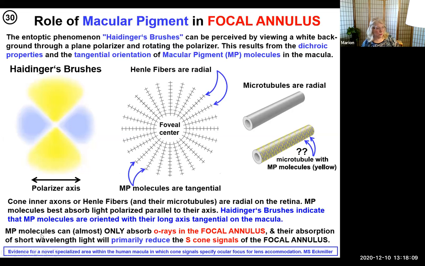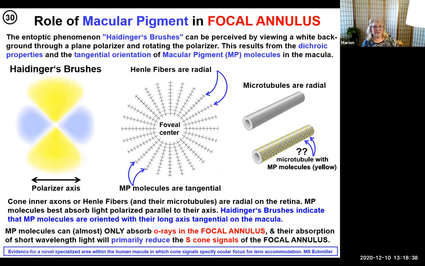So we can conclude, when we know that they're in the focal annulus, there are O rays and E rays. The macular pigment molecules, speaking a little bit loosely, can only absorb the O rays in the focal annulus. And their absorption of short wavelength light will primarily reduce the S-cone signals of the focal annulus.